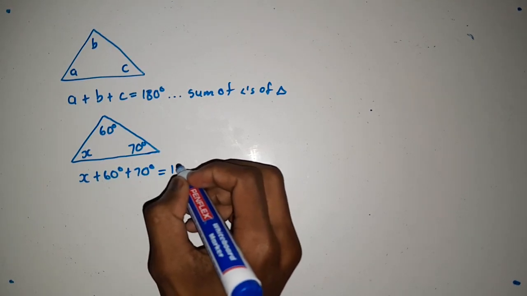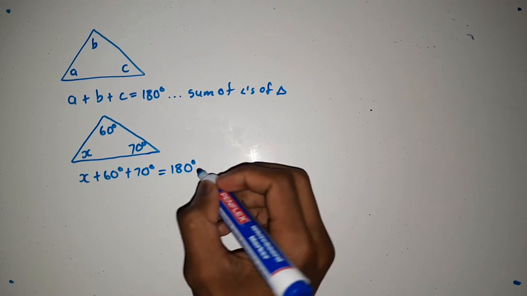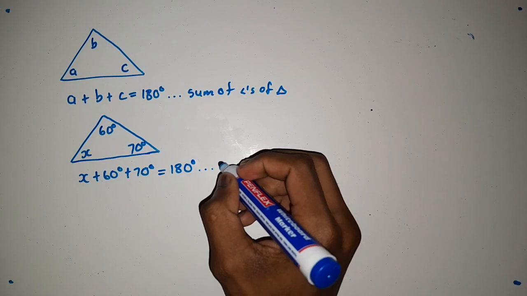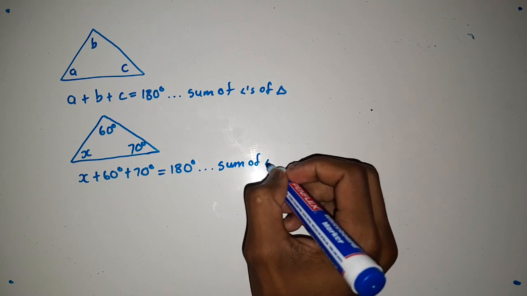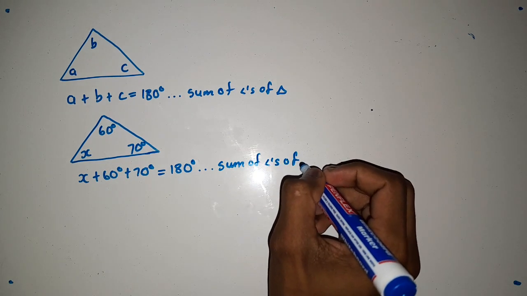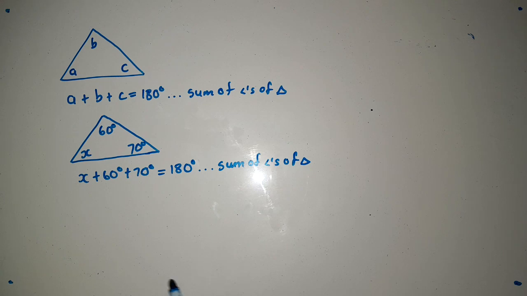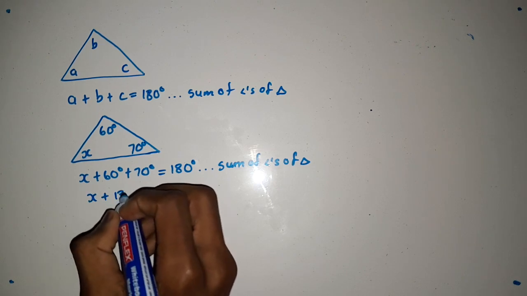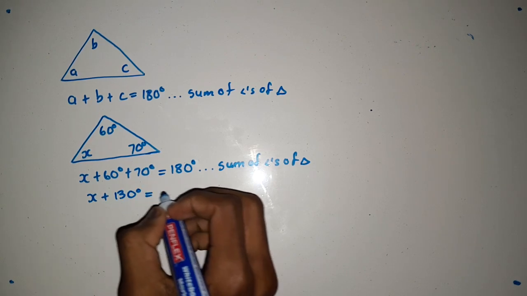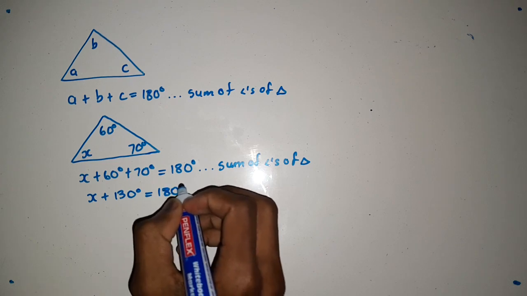Then you equate this to 180. Then you give a reason, the sum of angles of a triangle. Then you add the 60 and 70. You get 130, X plus 130 equals 180.